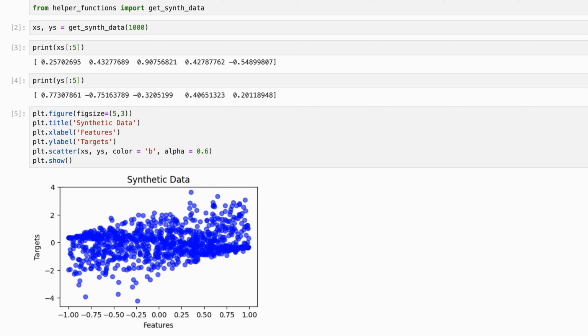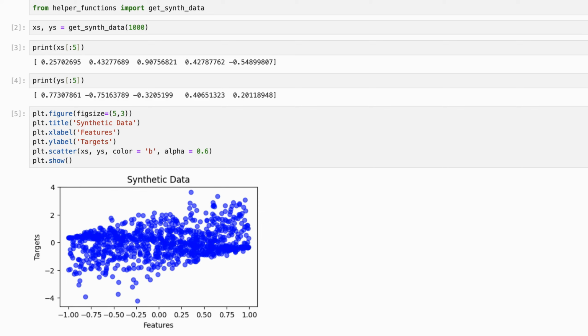In the second cell, we call this function with a single argument, the number of data points. It returns two objects, a 1D array of features and a 1D array of targets. This is a very simple dataset with just one feature. In cell 3 and 4, we print the first 5 features and the first 5 targets. Finally, in cell 5, we plot targets versus features.